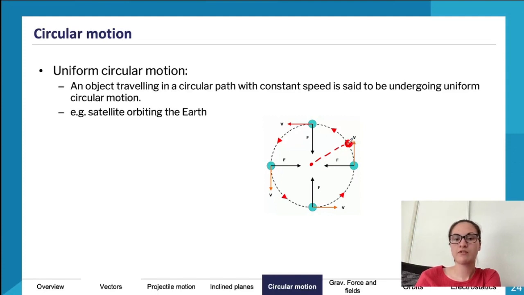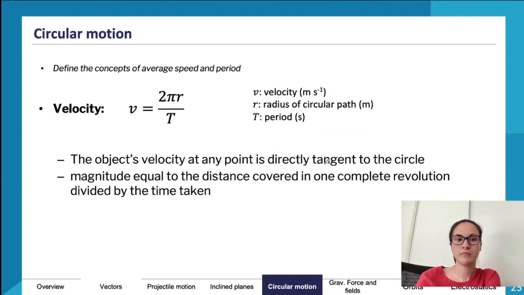It's like this. So you've always got that equal force going in, and that velocity is always perpendicular to it going out in that one direction. Okay, so that is constant velocity just heading out in that direction.